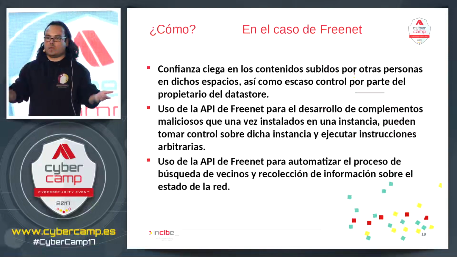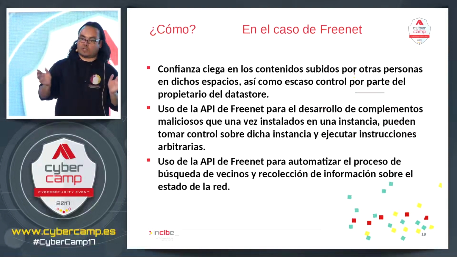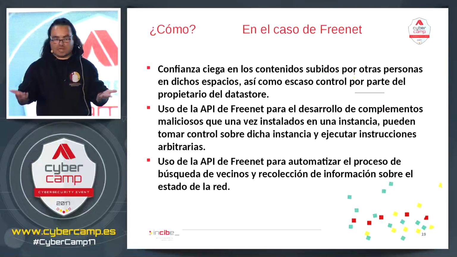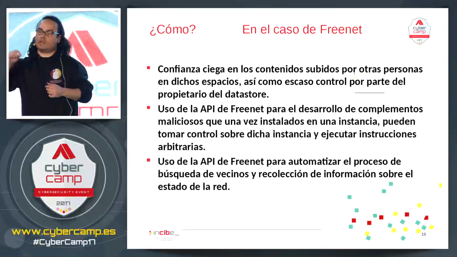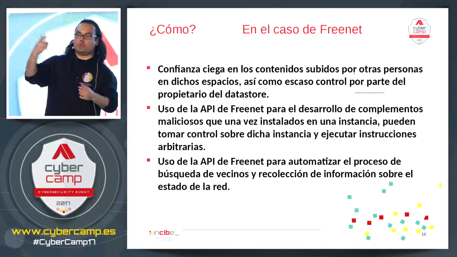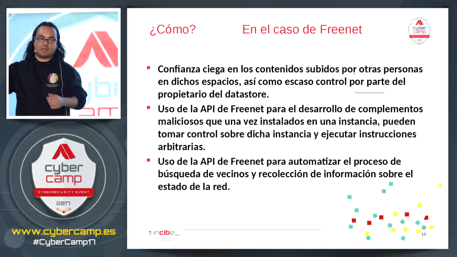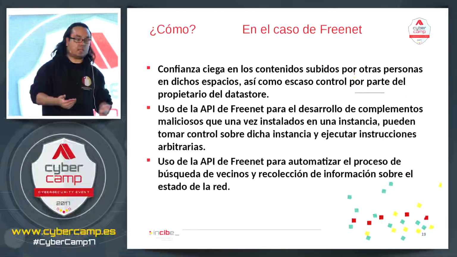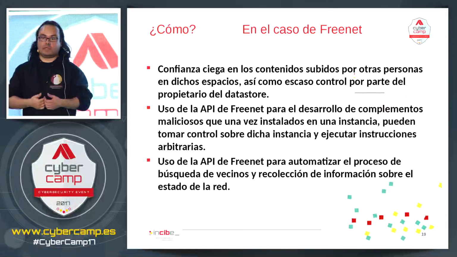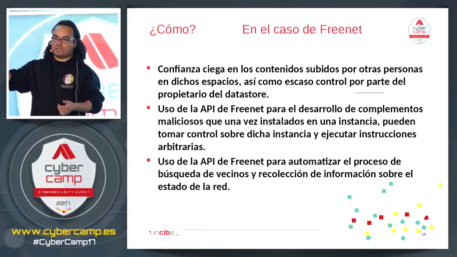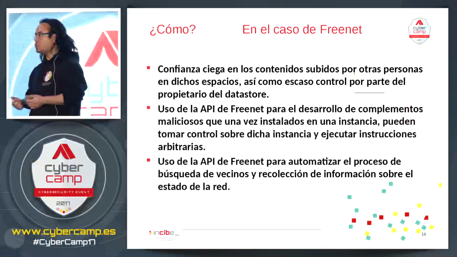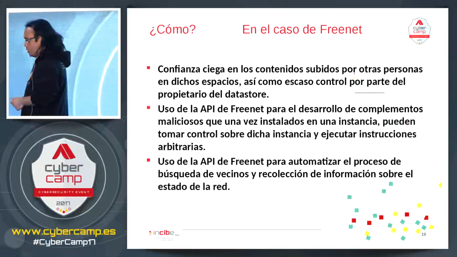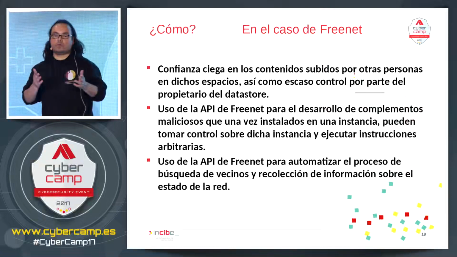We can use it in order to create all sorts of complements. We can develop the complements ourselves. Of course, we need to know how to program, and then we can generate a .har file, distribute it, and with the use of social engineering techniques, we can have users installing that complement. That is probably easier to believe by users.